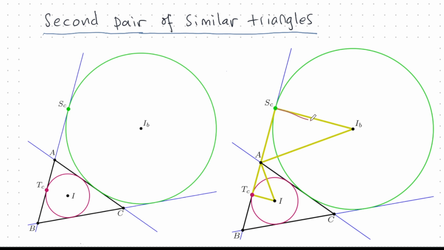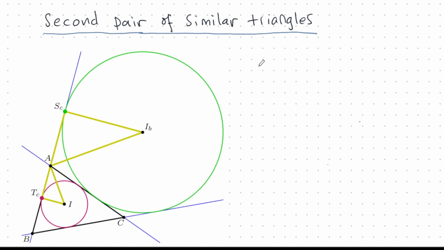Well, you have this one bigger one here, and you have this smaller one over here. Now, they look similar to the eye a little bit, but we want to prove that they're similar. So that'll take a little bit of work. And it's actually very interesting, this proof. You'll see. There, I moved things around so I have more room.